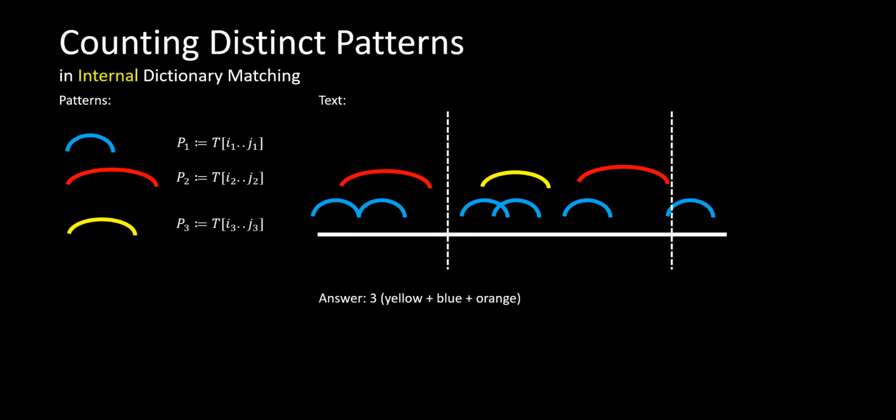Okay, and now the spin-off is when we consider internal dictionary matching, when each of the patterns is actually some substring of the text. So the information needed to represent each pattern is constant.